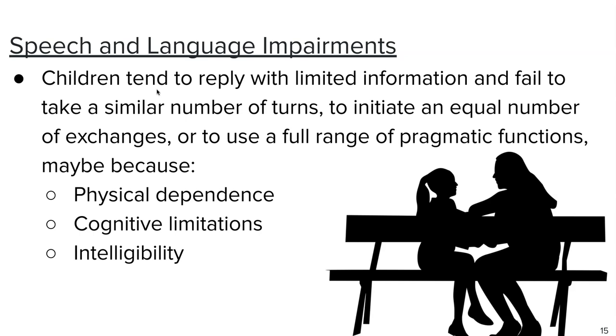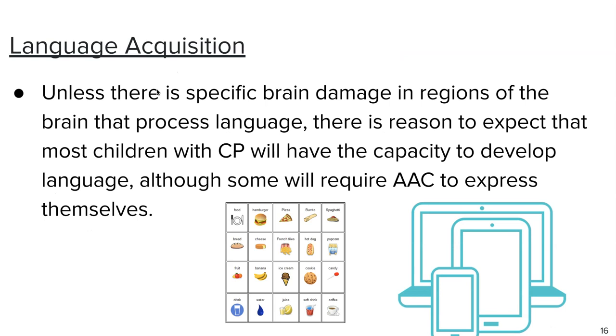Again, less than half, around 40% or less, are going to have cognitive limitations. And then also intelligibility. If people can't understand you, right, at some point you stop trying to say a lot and only use shorter utterances that you really need to say. So all of these are going to combine to kids using less language, they're hearing less language, right, and all of that can add up to a language disorder.